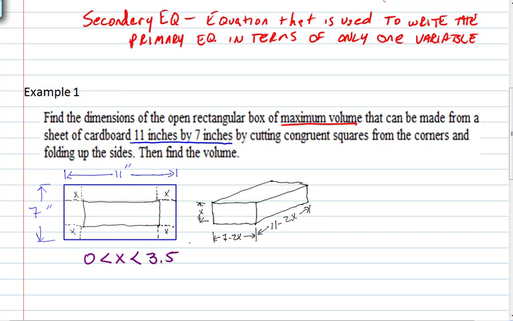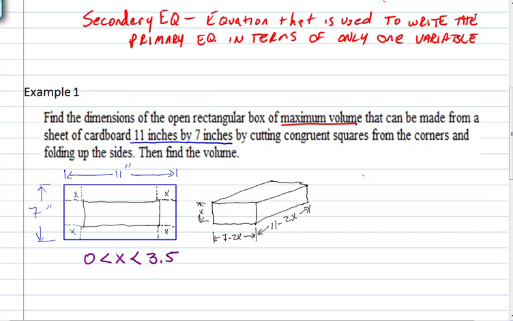Realistically speaking, 3.5, because this is 7 inches. And if I cut out 3.5 inches here and 3.5 inches here square, I just have a line, right? Or a flat piece of paper that I fold up with no volume. So it has to be greater than 0 but less than 3.5.